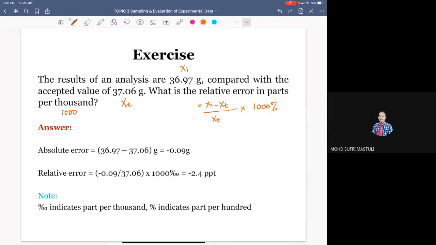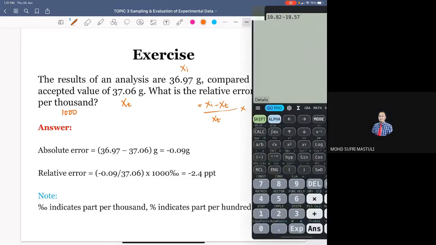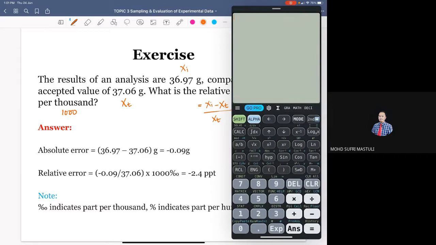So by using the formula, the experimental value minus true value, divided by true value, times 1000, parts per thousand. Sorry, I think it's wrong.